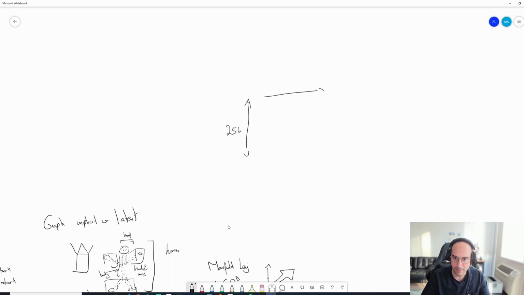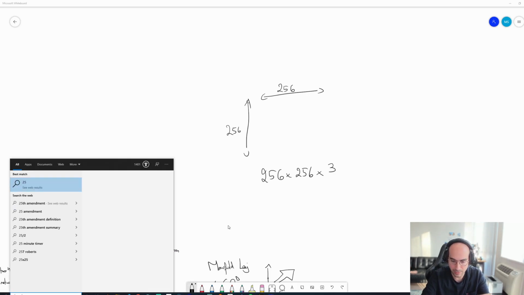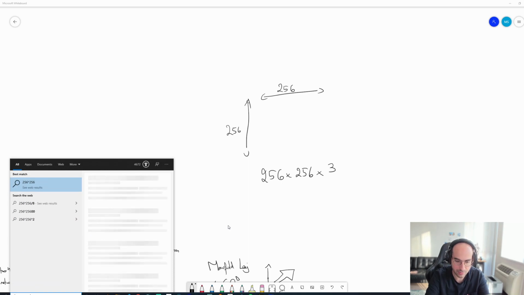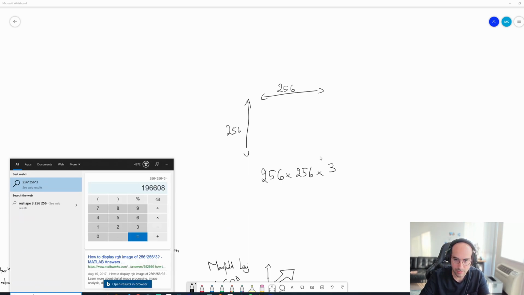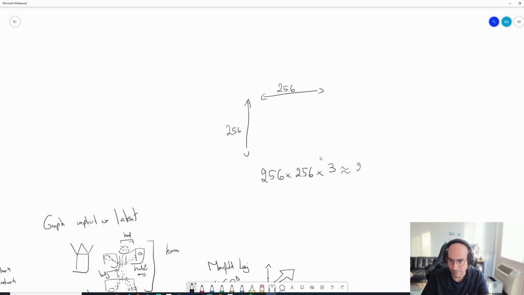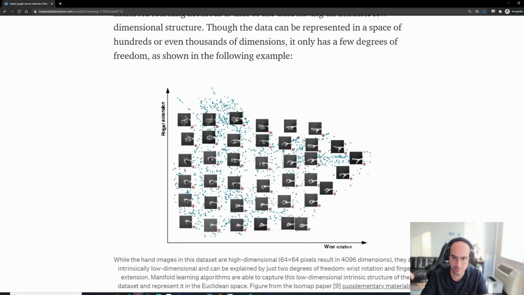That means the dimensionality of this image is 256 times 256 times 3 if it's a colored image. This is about 200,000 dimensional, which is huge. This is a very high dimensional space, but it doesn't reflect what this data set is actually telling us.